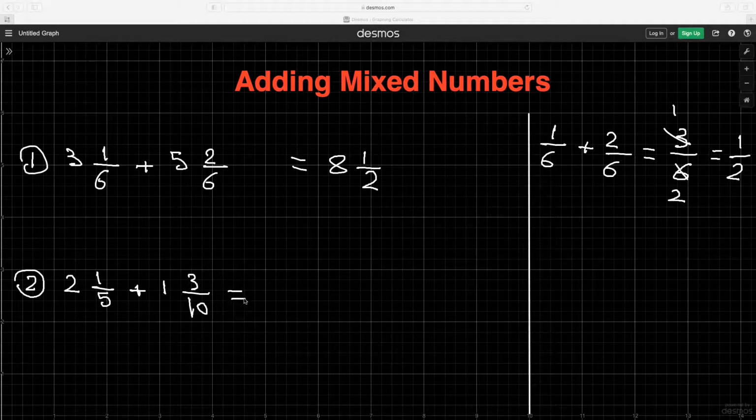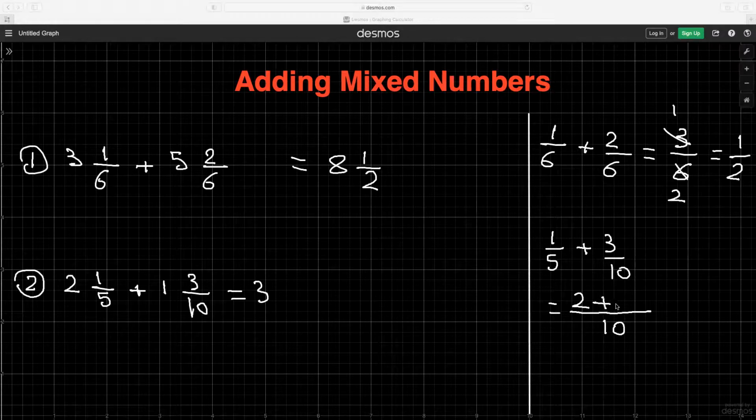For the second question, you want to do the same thing. So 2 plus 1 equals 3, and we take 1/5 and 3/10. Here, we have 10 as our common denominator because 5 can go into 10. So 10 divided by 5 will give you 2, and then 2 times 1 will give you 2.